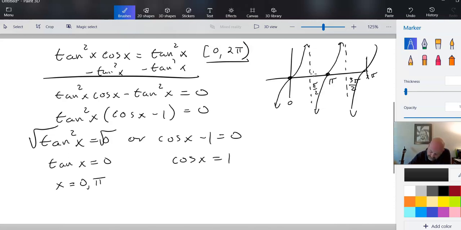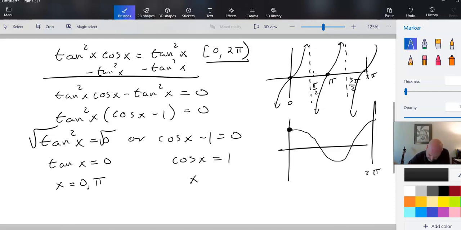Now, for cosine, I've been using the unit circle, but you can look at it this way also. Cosine x does this from 0 to 2 pi. Where is it equal to 1? There's only one spot, right there, and that is when x is 0, which is already covered over here.